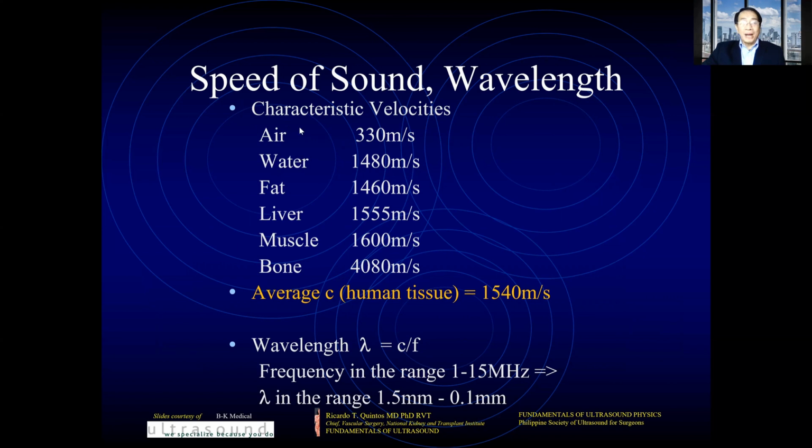For example, for air, the characteristic velocity of sound is about 330 meters per second. For water, the speed of sound is faster at 1,480 meters per second. Through fat tissue, it's about 1,460 meters per second.